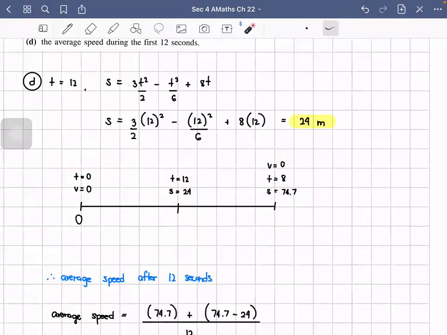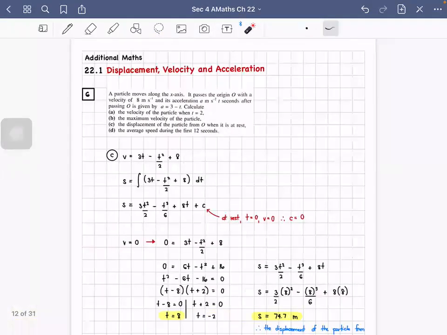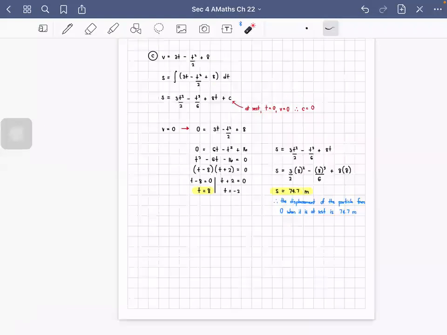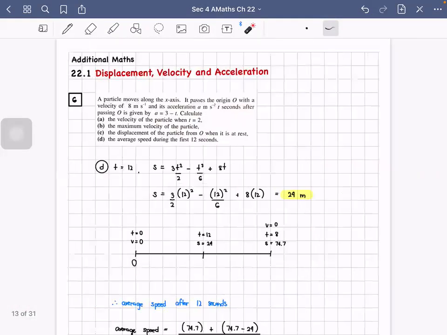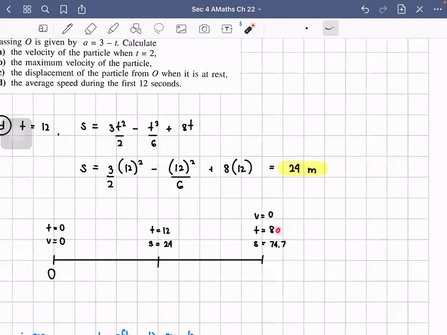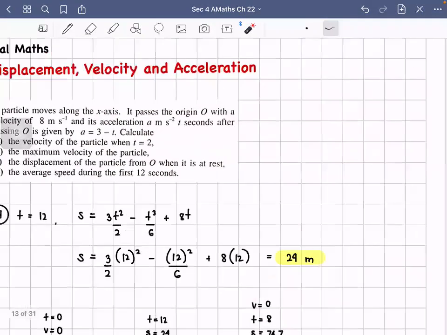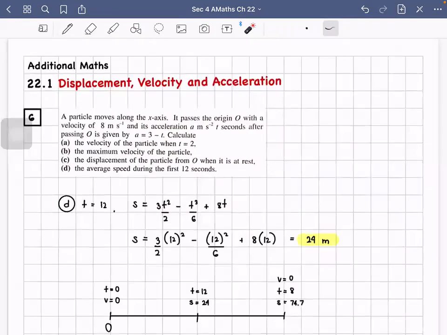As you can see, class, if you have observed, after 8 seconds, the distance is 75 meters. But then, as time progresses, we went back closer to the origin. It's now only 24 meters, because from letter C, the particle is instantaneously at rest.